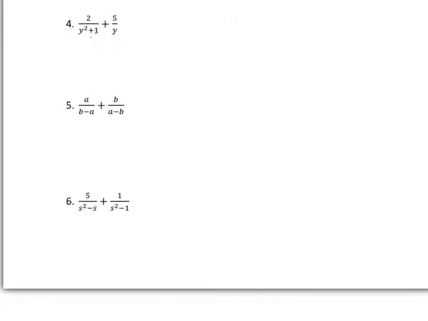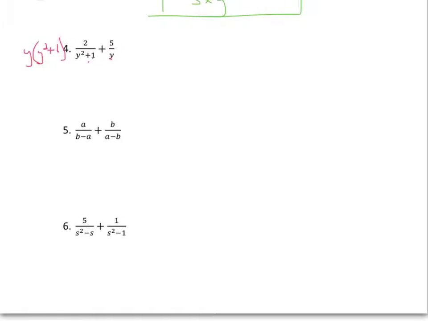So when you multiply them together, our common denominator is going to be y times y squared plus 1. If you can't do anything else, if you just multiply the two together, you know that it's obviously a multiple of that. So this first one we need to multiply by y over y. Second one we need to multiply by y squared plus 1 over y squared plus 1.